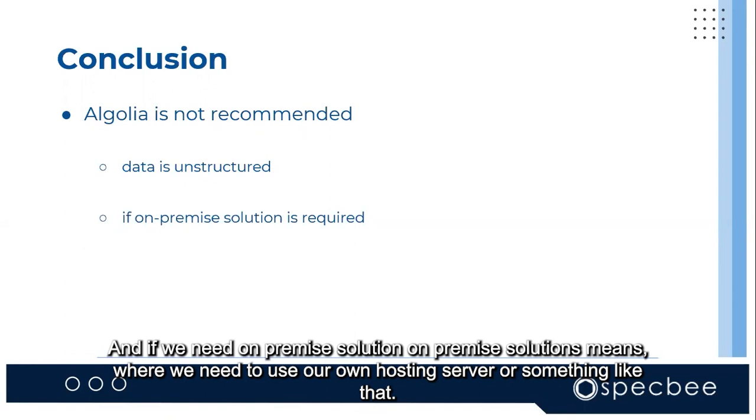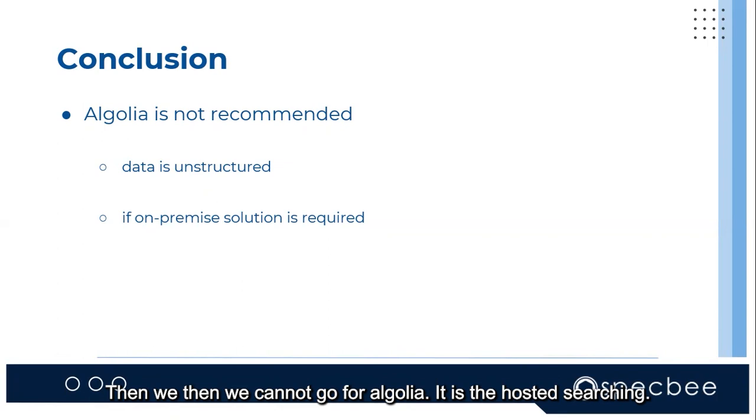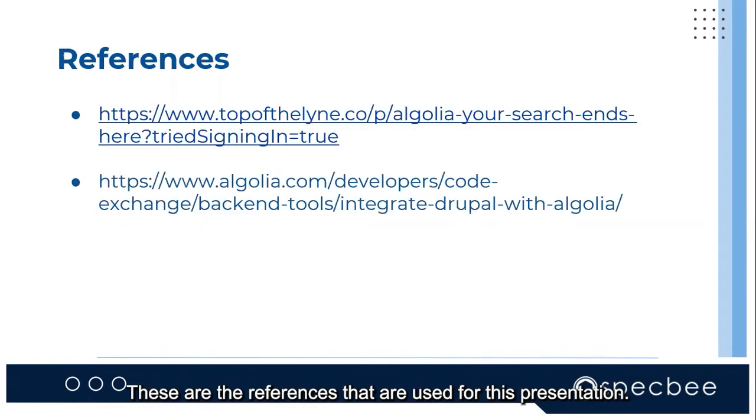And if we need an on-premise solution, where we need to use our own hosting server or something like that, then we cannot go for Algolia, as Algolia is a hosted search engine. This is all about Algolia. These are some references I used for this presentation.